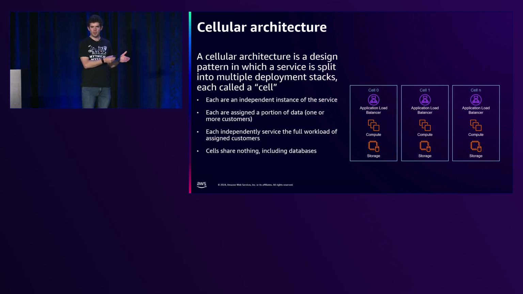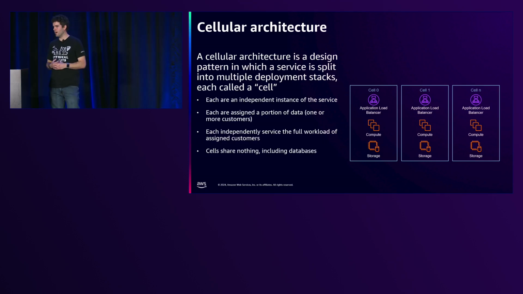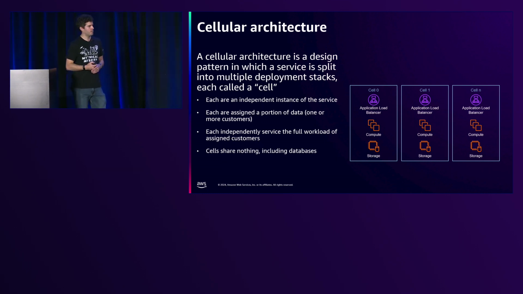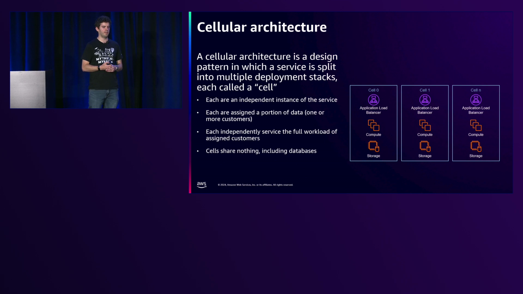You dedicate those to an independent stack of the whole service ecosystem within that cell that's deployed independently, is operated independently, and has its own dedicated infrastructure and dedicated services. So each one of these provides the full suite of capabilities, that vertical stack of business capabilities provided by those services.